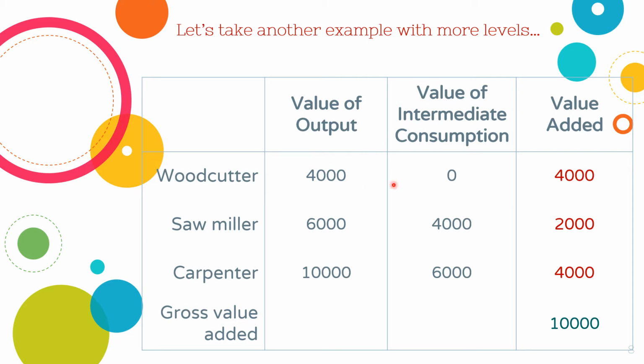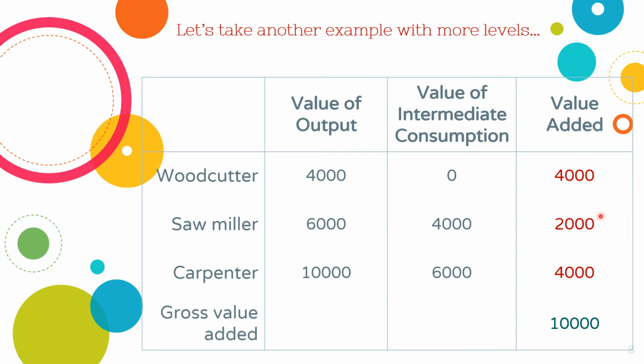Now for the woodcutter, he just had to go to the forest or his property and cut some trees down. And he assigned a value of 4,000. So he has added value to his output. He sells this wood to the sawmiller for a sum of 4,000. Well, the sawmiller cuts the wood into planks, and he sells his output for 6,000.